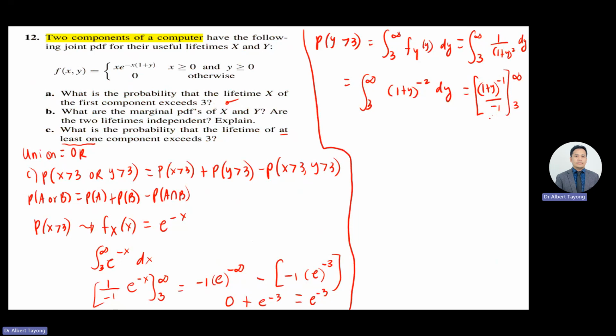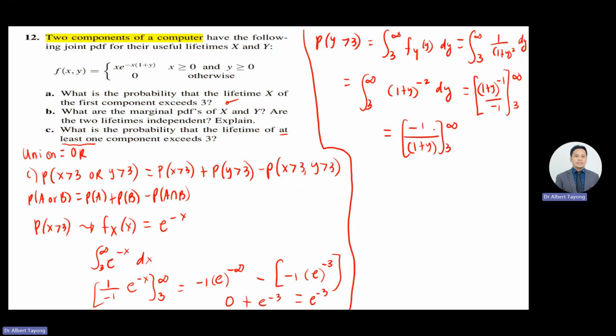That is negative 1. So if we simplify this, it's going to be negative 1 over 1 plus y from 3 to positive infinity. Because 1 plus y raised to the power of negative 1, if you transfer this below, it's going to be positive. So you can put parentheses here; there's no need to write 1 as an exponent.